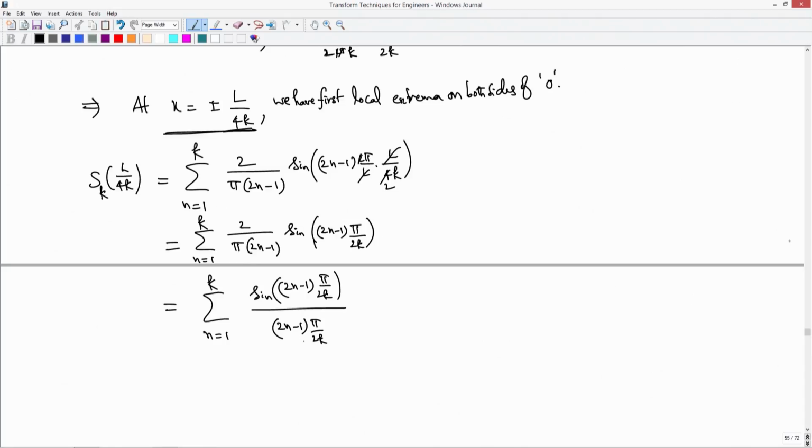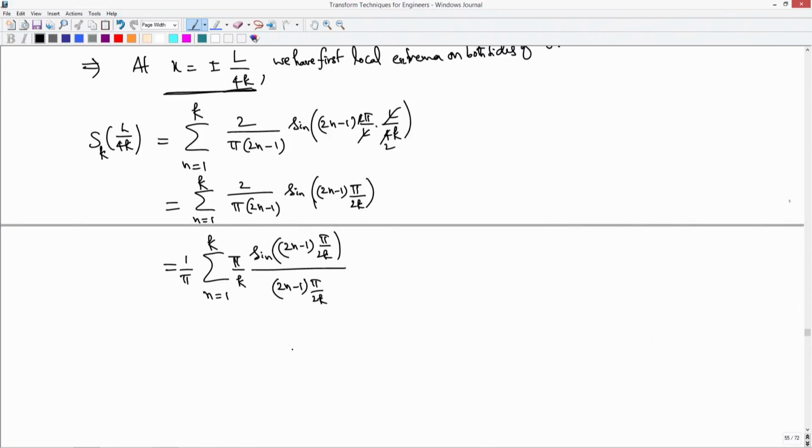So, I have to simply divide by k. If this k goes up, 2 divided by pi times 2n minus 1 is the same quantity. This is what exactly I rewrote. So, if I multiply 1 by pi, I multiply pi here.